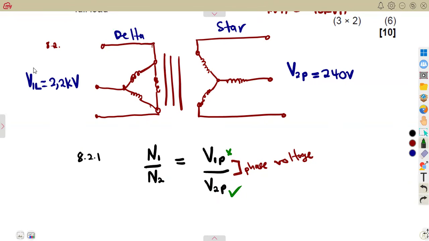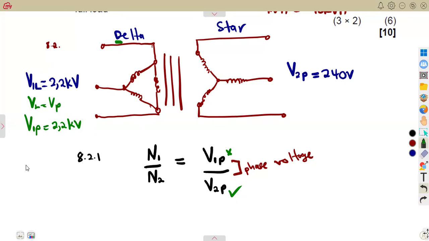It's a delta. So let's go back to our delta connection. What do we understand about the relationship between the line voltage and the phase voltage, because what we need is the phase voltage, not the line. In a delta, it's an advantage, because the line voltage is equal to the phase voltage. So the phase voltage of the primary is the same as the 2.2 kilovolts.